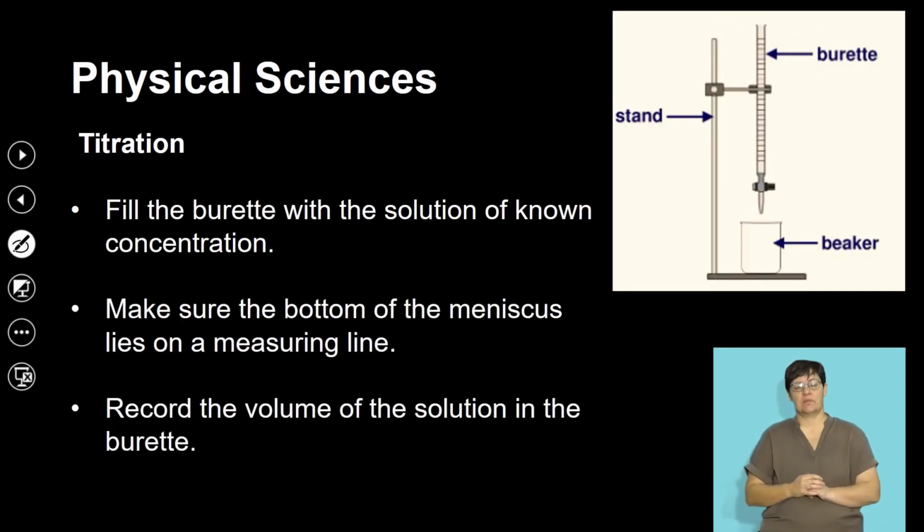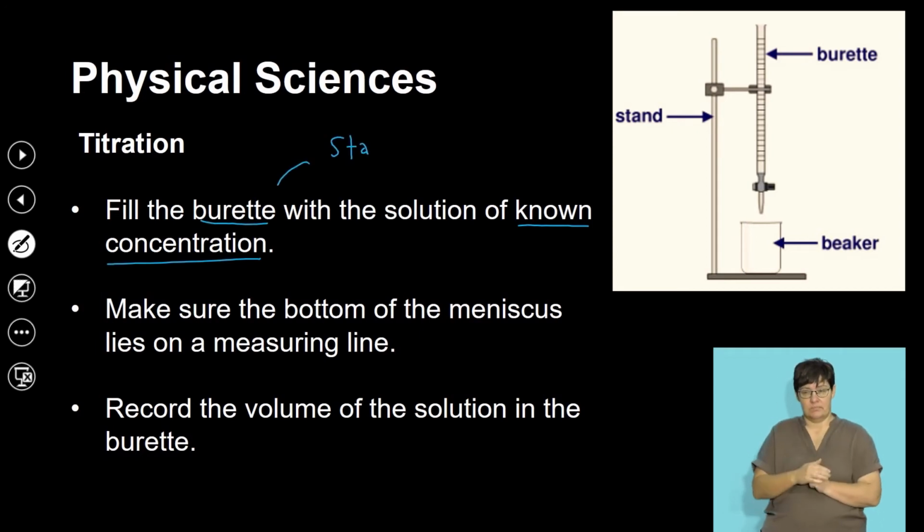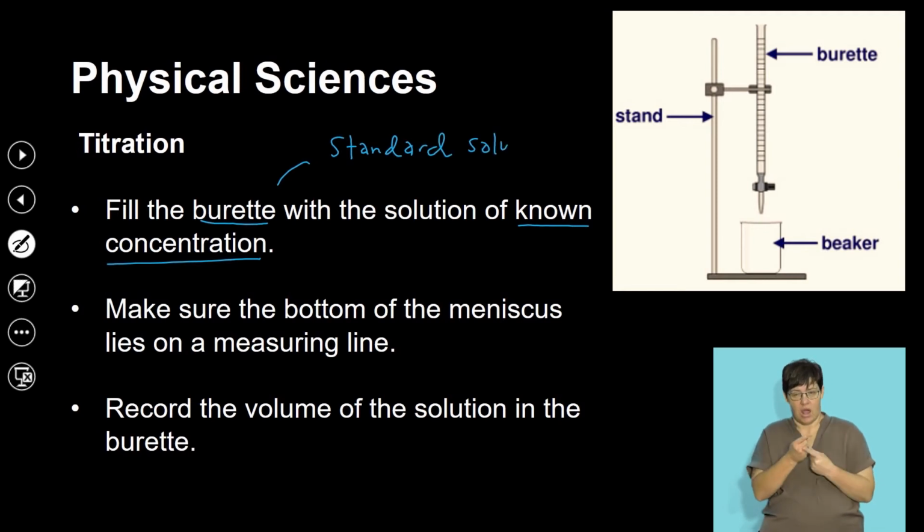Right. Okay, so we also have to fill the burette with the solution of the known concentration. So what goes into the burette is actually the standard solution, because this solution, we know its concentration. The burette is calibrated, as you can see. It means that there are calibrations.